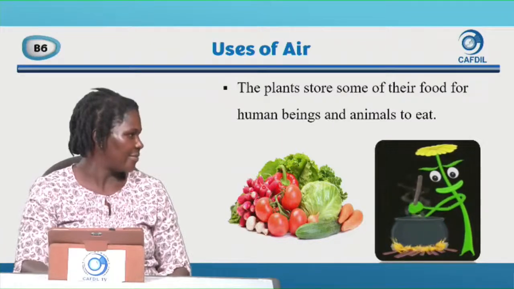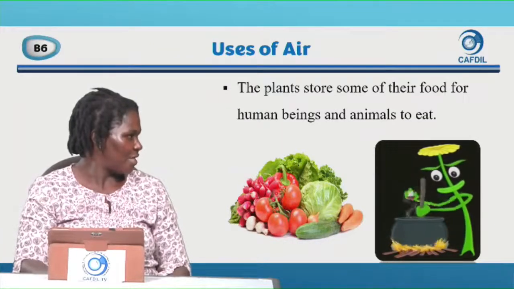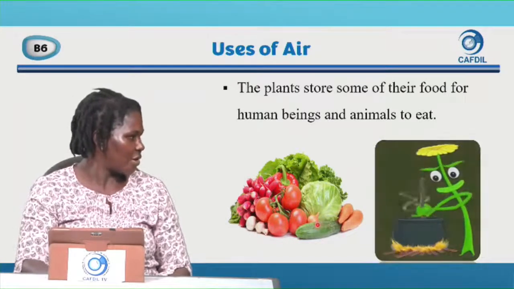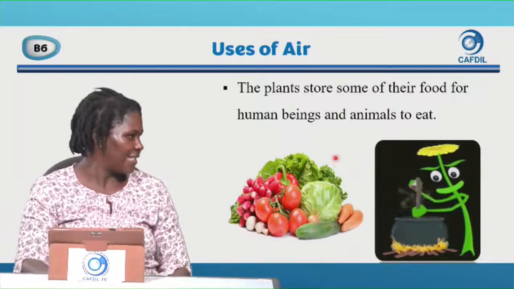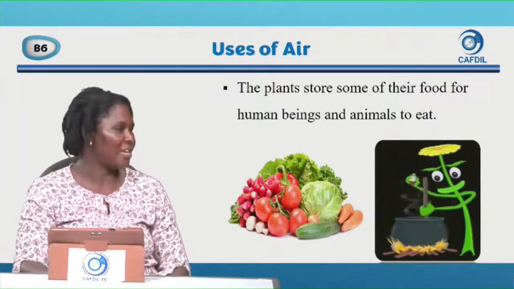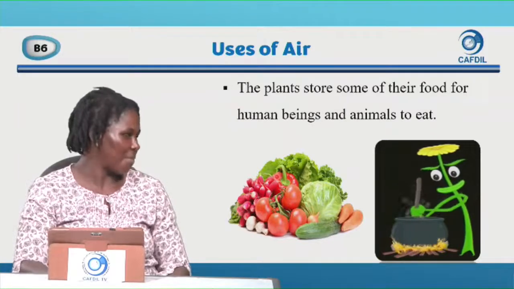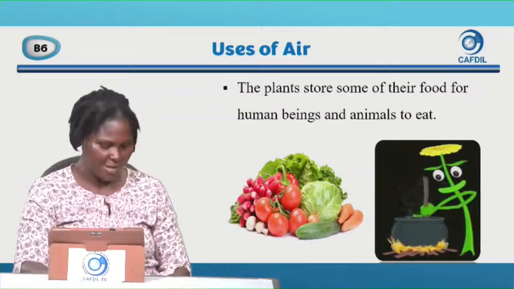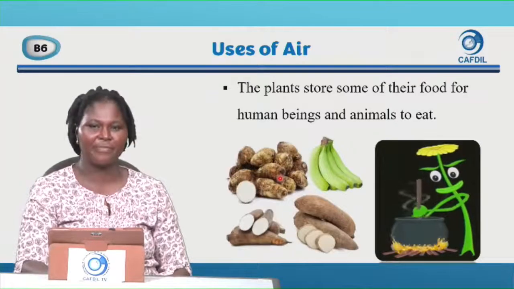We have pepper, sweet pepper. We have tomatoes, cabbage, carrot, cucumber, and others. So some of the food that they store are on our screen. So after preparing, they store the food for us and we also enjoy.